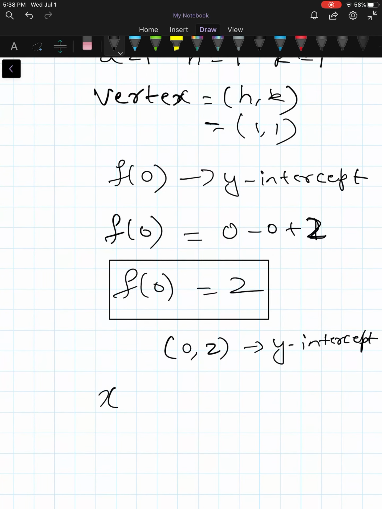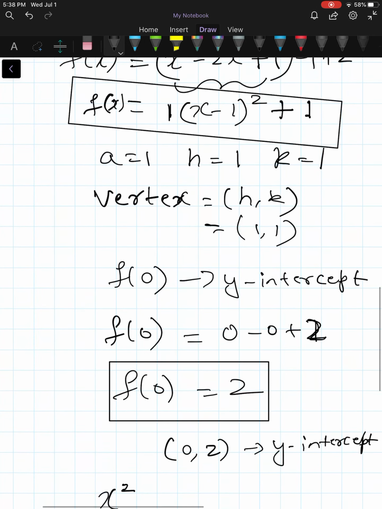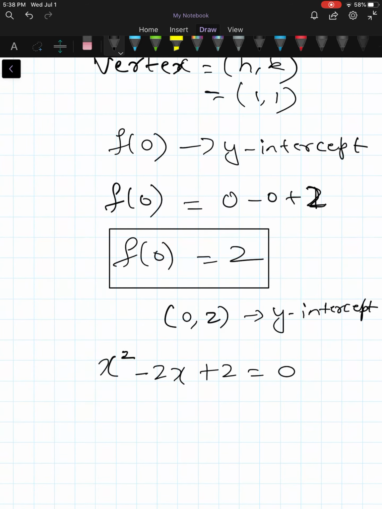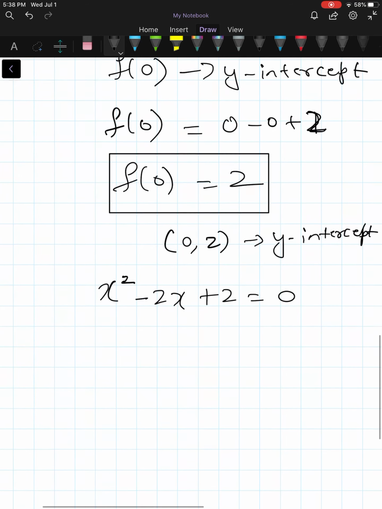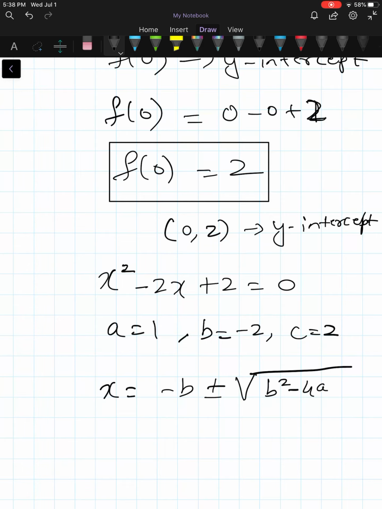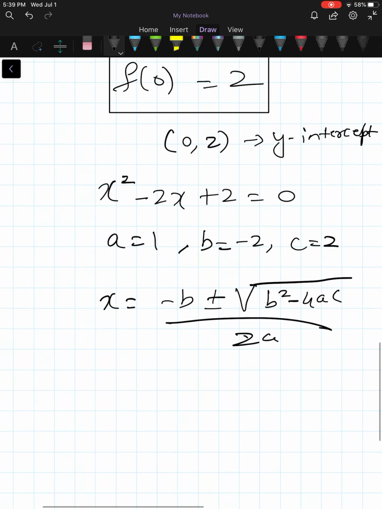So what is the x intercept? Equate the given equation to 0 and solve it for x. x square minus 2x plus 2 is equal to 0. How do you solve it? You have to use the quadratic formula that we learnt in section 1.6. So a is equal to 1, b is equal to negative 2, and c is equal to 2. So x is equal to minus b plus or minus square root of b square minus 4ac, divided by 2a.